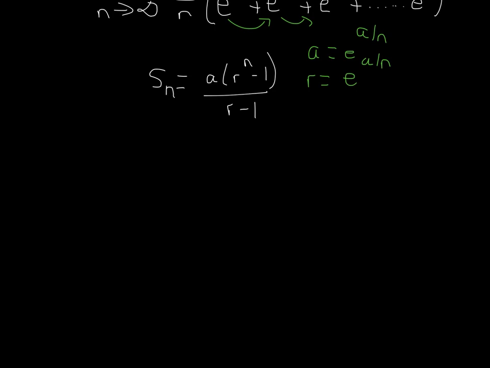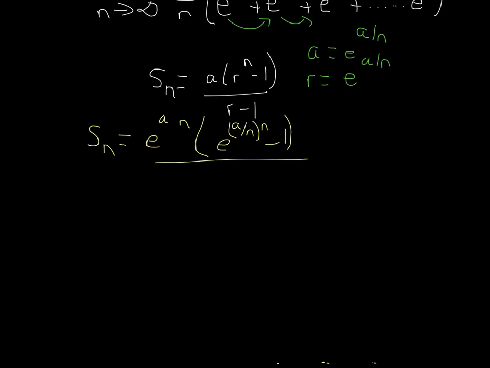If we sub those into our formula, we end up with e to the a over n times r, which is e to the a over n, and that's to the exponent n, minus 1, over r minus 1, and r is e to the a over n again.